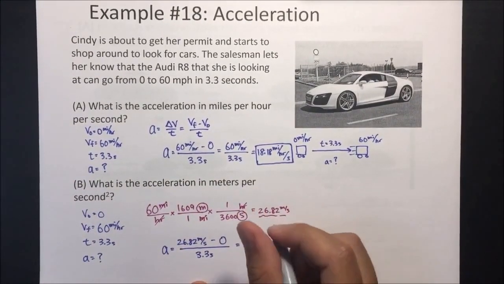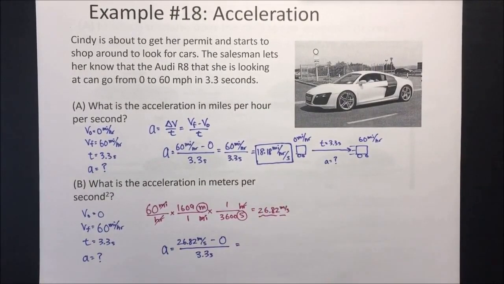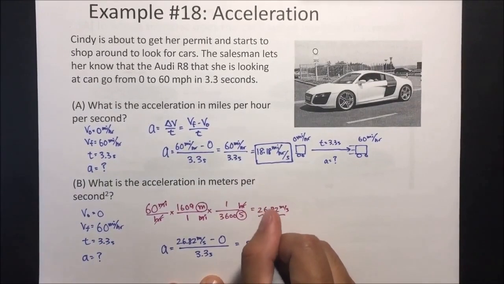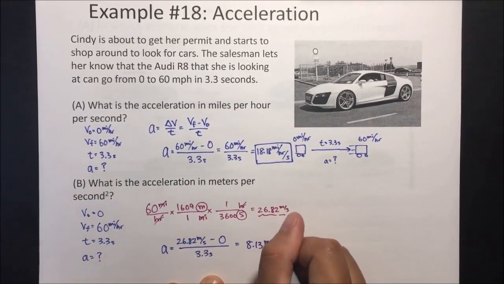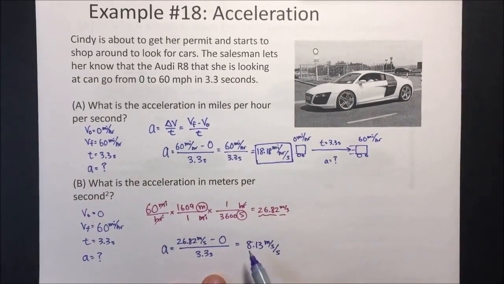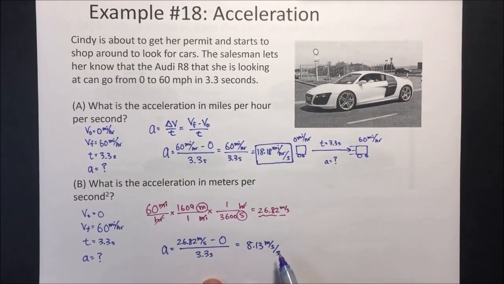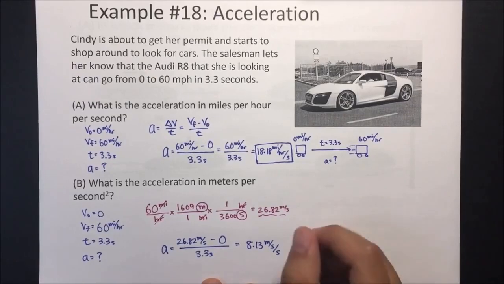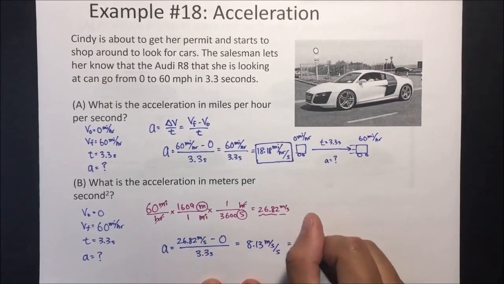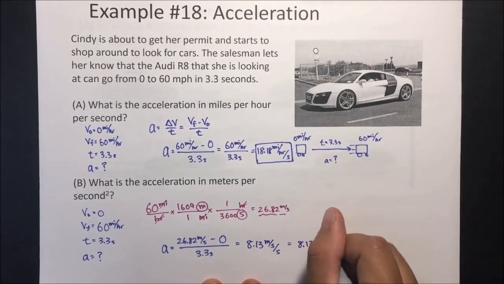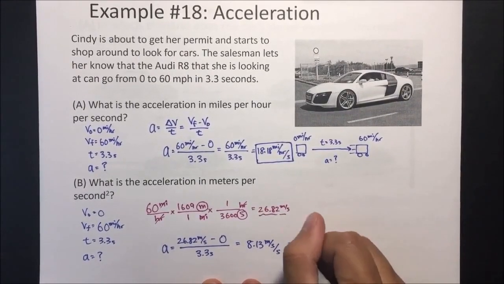And this simplifies to 8.13 meters per second. So every second it's getting 8.13 meters per second faster. Or we could simplify this further to just be 8.13 meters per second squared.